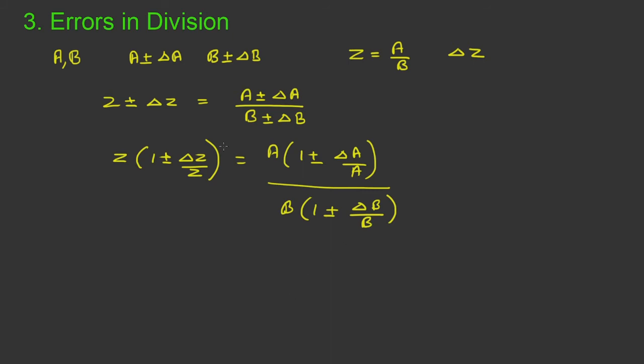But we know Z is equal to A by B, so it can be cancelled out.